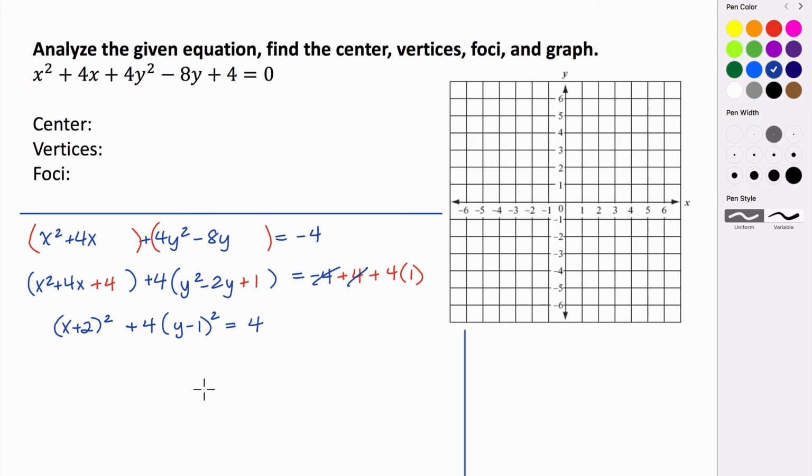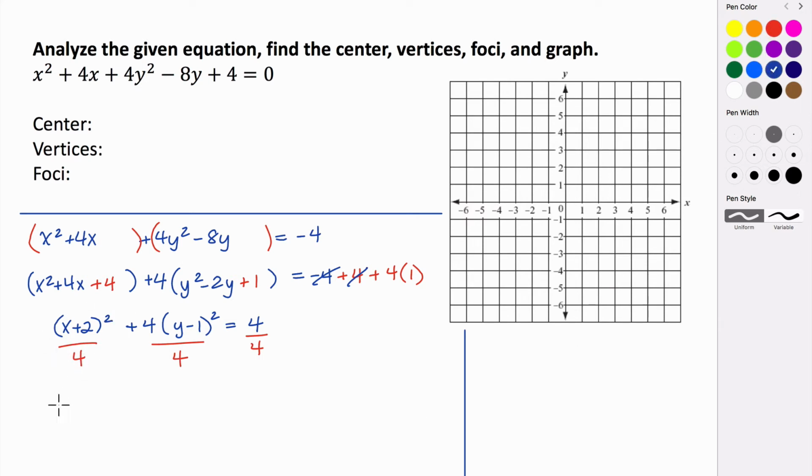So we're almost in standard form. If you recall, in order for this to be in standard form, the value on the right must be 1. So we're going to take everything and divide by 4, divide by 4, divide by 4, and then reduce.